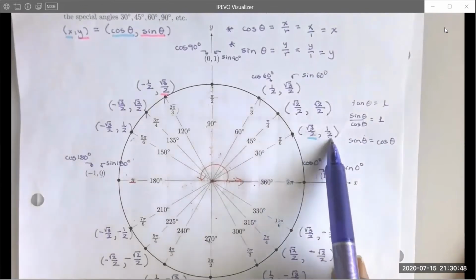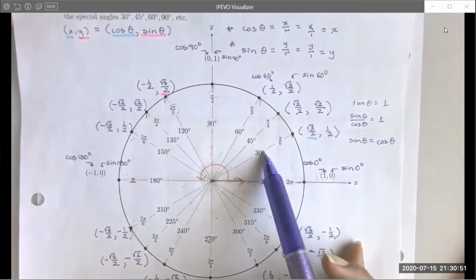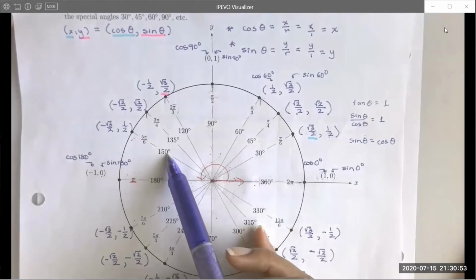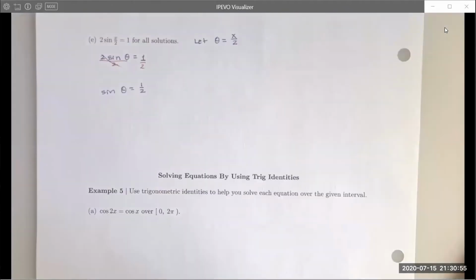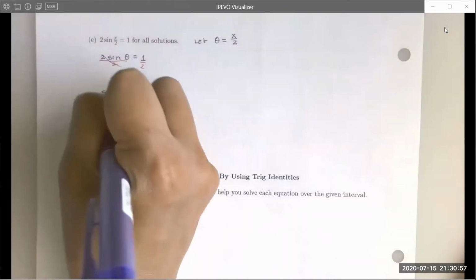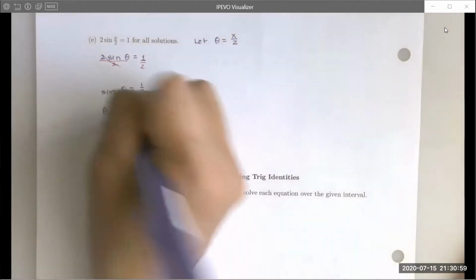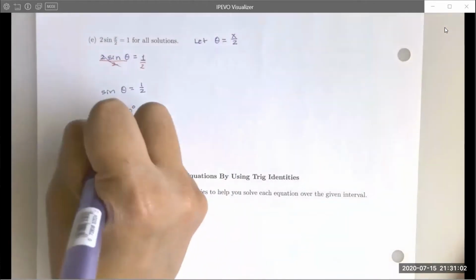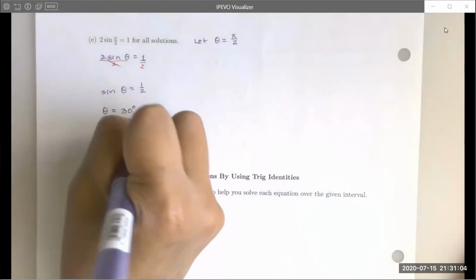The first one happens at 30 degrees, the second one happens at 150. So we can say that theta is equal to 30 degrees, or theta is equal to 150 degrees.